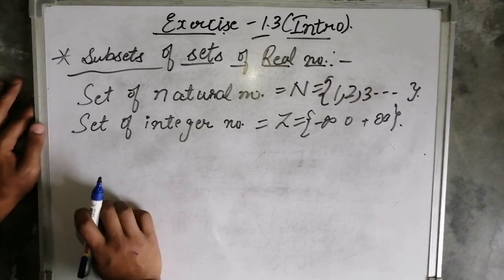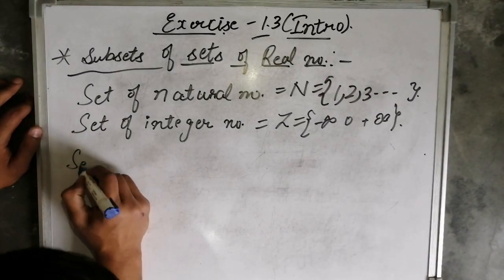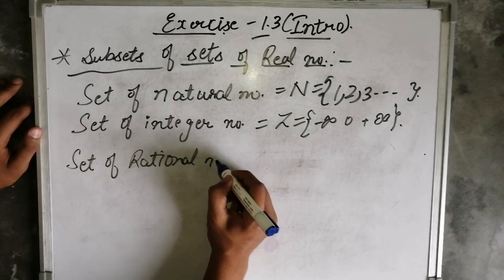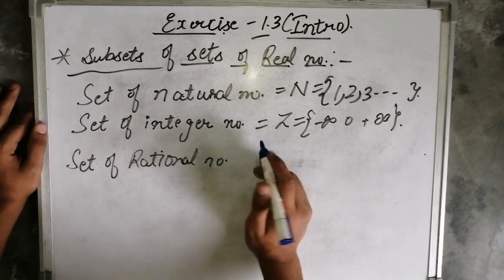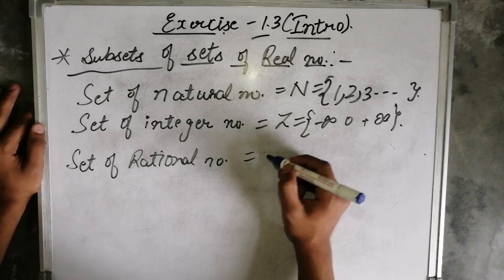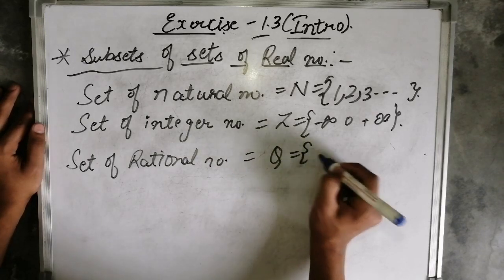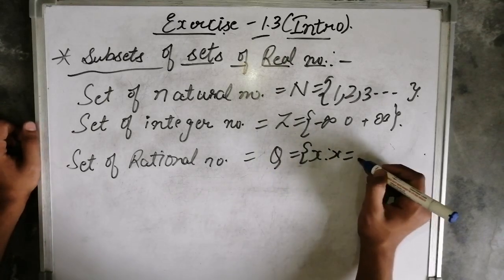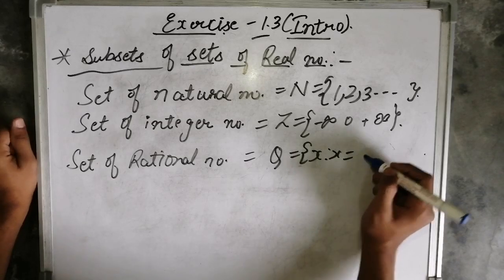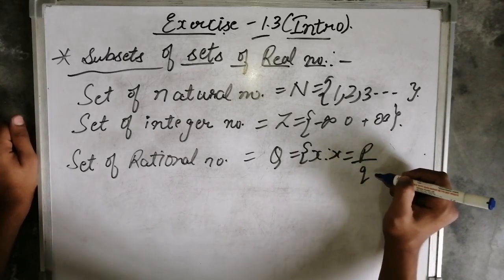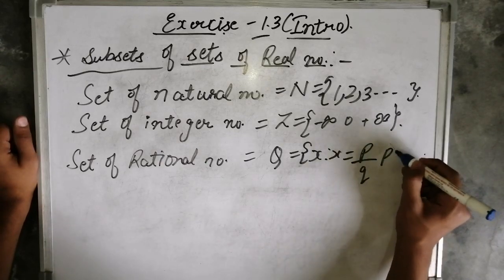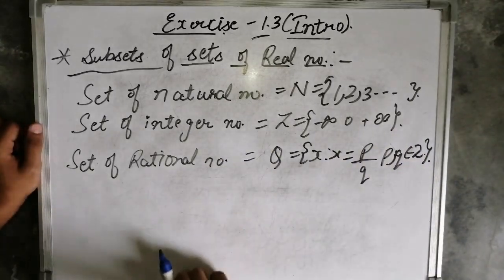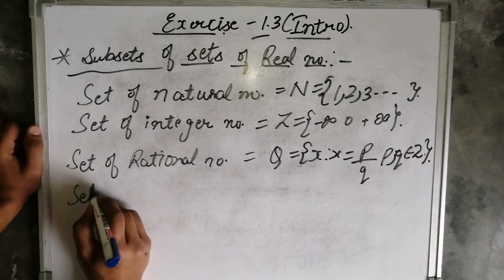Okay, now let's take the set of rational numbers, Q, which is equal to, I am writing this in set builder form because it is not possible to write rational numbers in roster form, p by q, where p and q belong to Z. Okay, now I'm taking the set of real numbers.